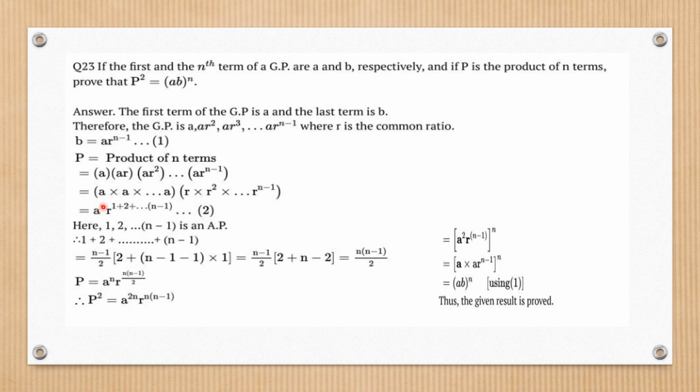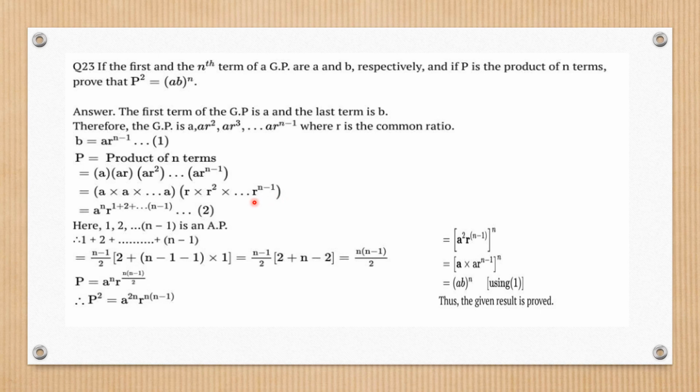And for r, the powers of r are like 1, square, cube, and so on, up to n minus 1. The powers themselves are not a GP, but since the bases are the same, I'll express it as the powers being added. So r raised to power 1 plus 2, and so on, up to n minus 1.